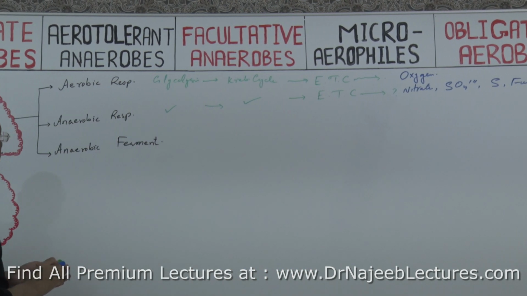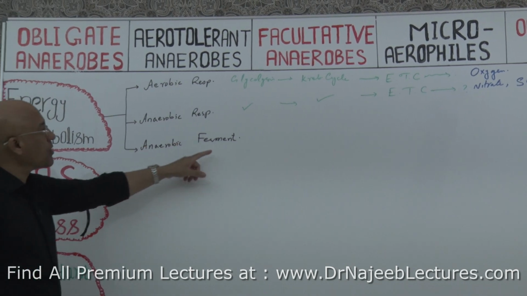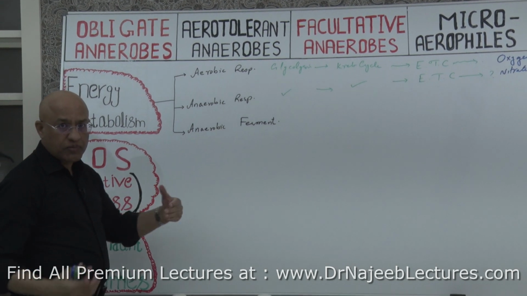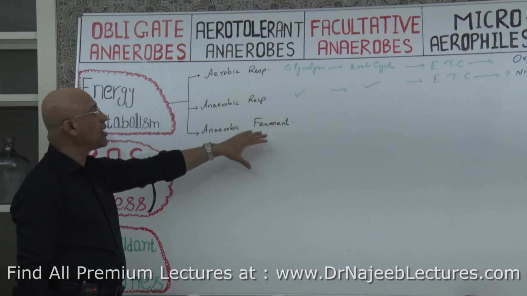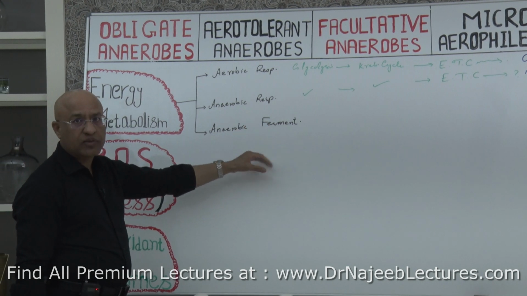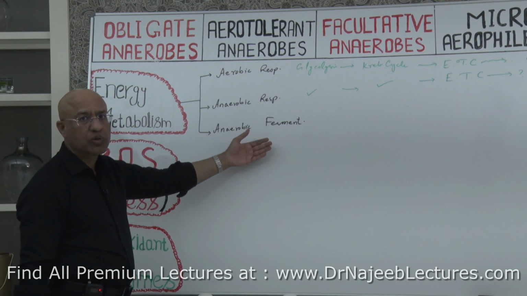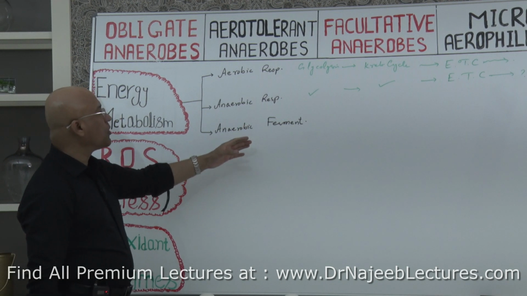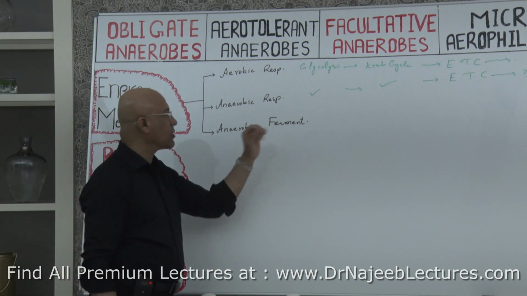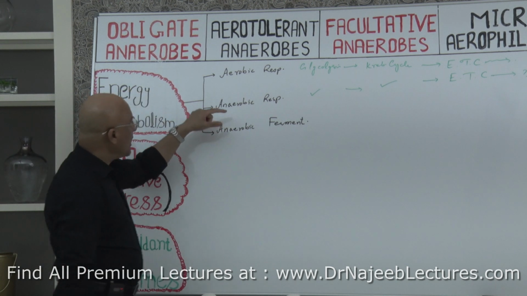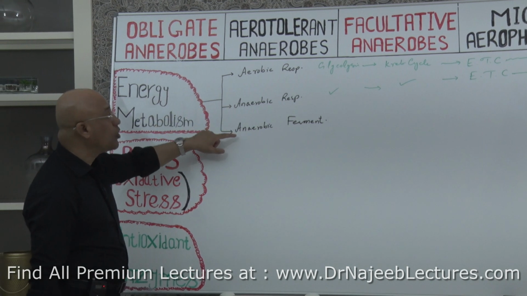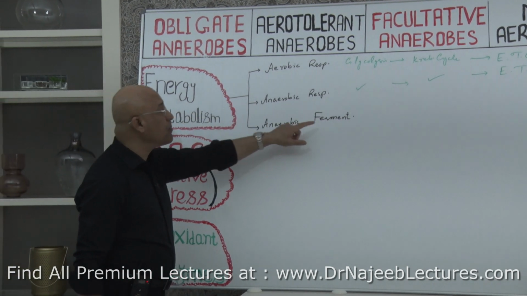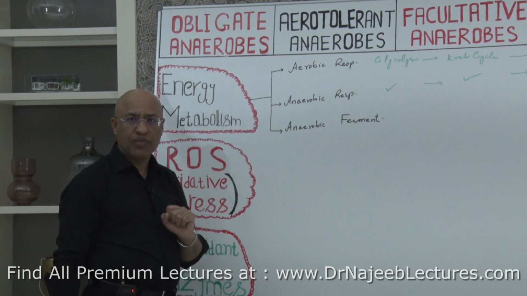Now we come to anaerobic fermentation. In future we will use only the word fermentation, but we should remember this is also an anaerobic process. It is the process where oxygen is not used or involved in energy production as a final electron acceptor. Oxygen is not used in anaerobic respiration or in anaerobic fermentation; that is the common thing.